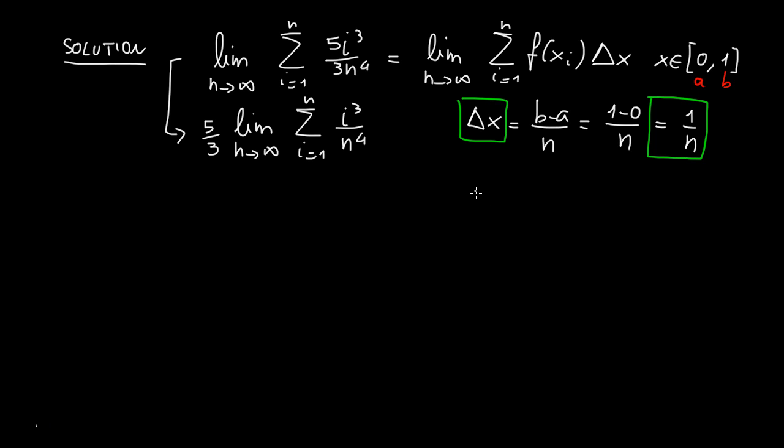Okay, let's calculate now the xi's. This is defined as a plus i delta x. So a is 0 and delta x is 1 over n. So the xi is simply i over n. Okay, let's highlight this result as well.